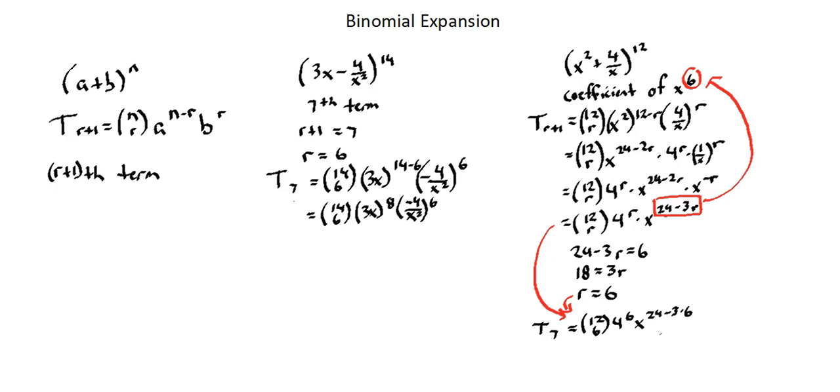Now the requirement is the coefficient of the x to the power of 6 term. So x to the power of 24 minus 3 times 6 isn't directly important for the answer, but we do want to check what our simplified x exponent is to make sure we have in fact found the term with the x to the power of 6 as part of the term.